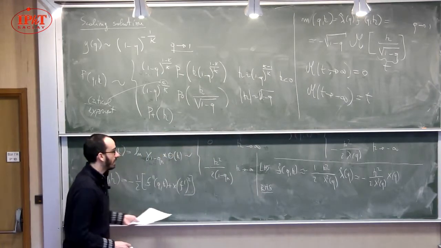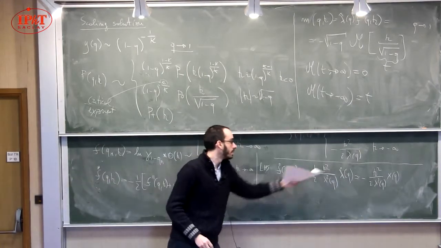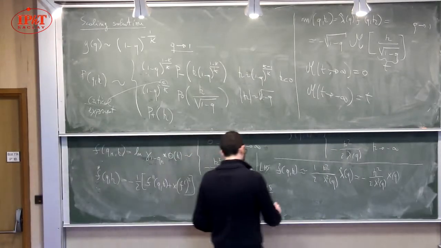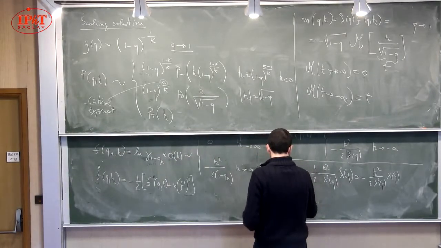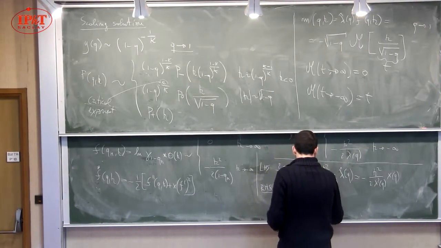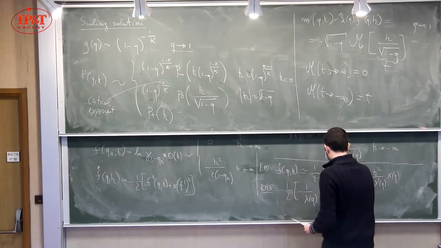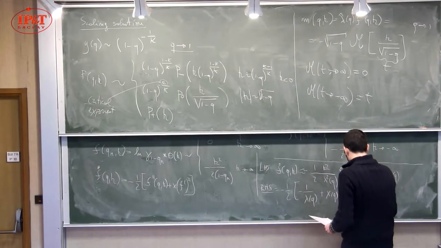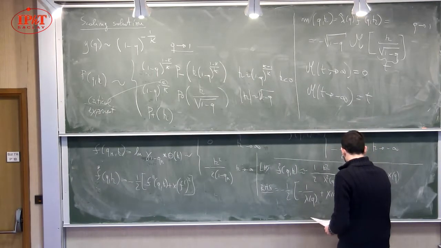And let me compute the right-hand side. So when I plug this into this expression, what do I get? I get just -1. So this is -1 over lambda plus h squared divided by lambda squared.